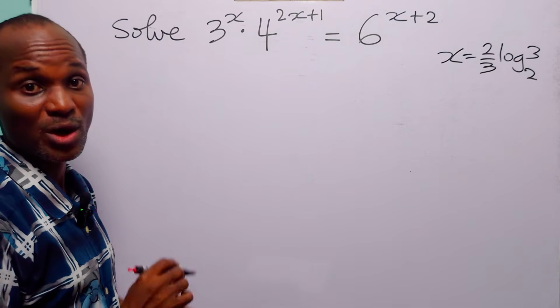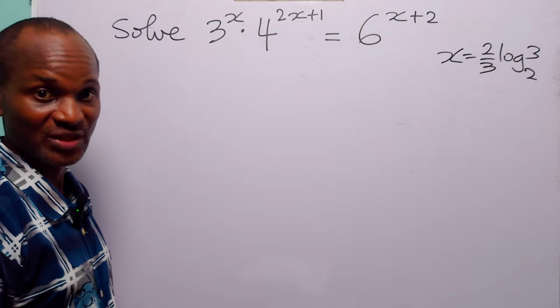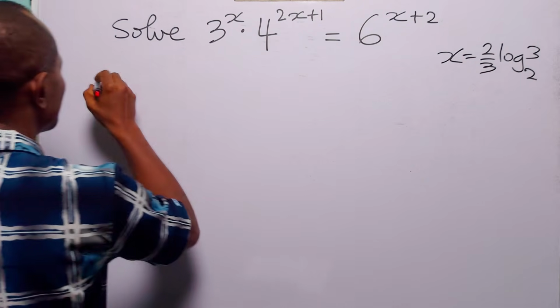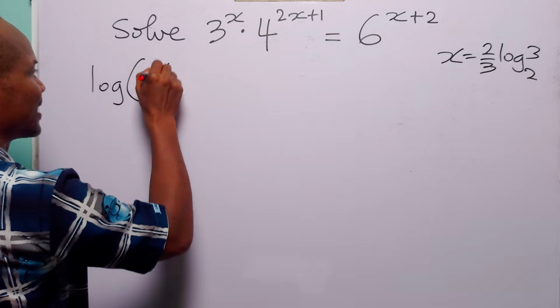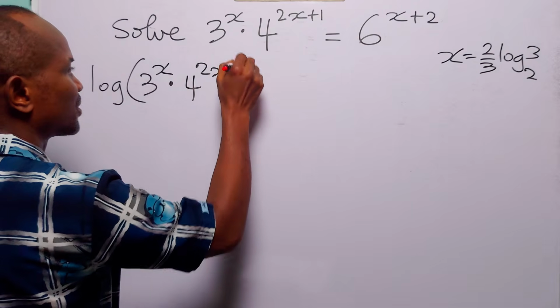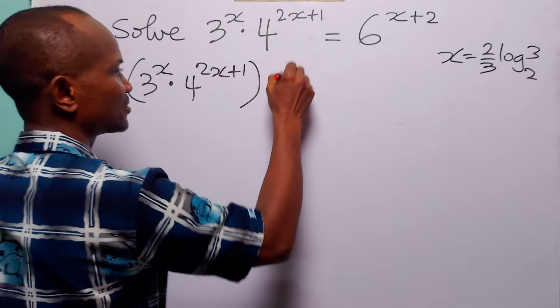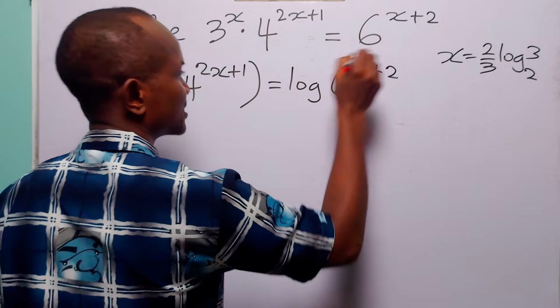Now, an alternative way of solving this problem is to start by taking log of both sides of the equation. When we do that, we have that log of 3 to the power x times 4 to the power 2x plus 1 is equal to log of 6 to the power x plus 2.